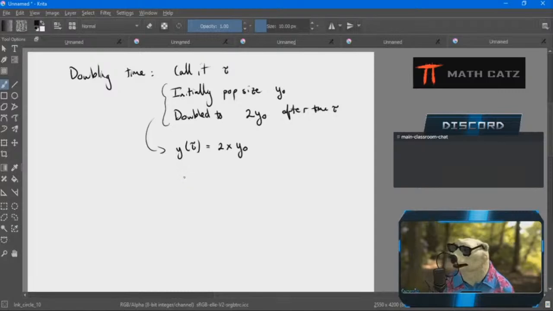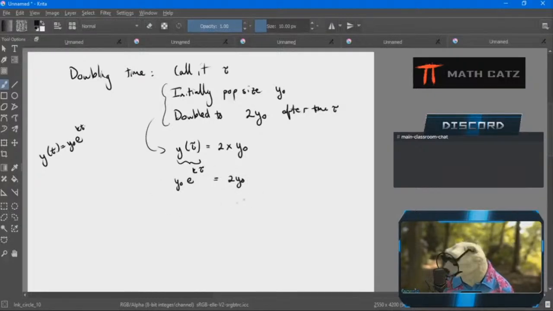I can then simplify the left-hand side because I know the function. The function is my exponential growth function, y0 e to the kt. So now for this specific time value that I'll just call tau, to remind myself it's a specific time value, I have y0 e to the k times tau equal to 2 times y0.